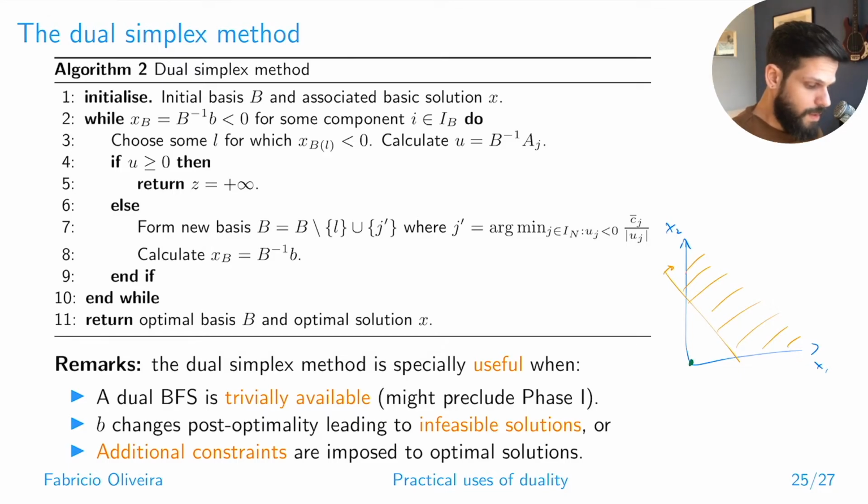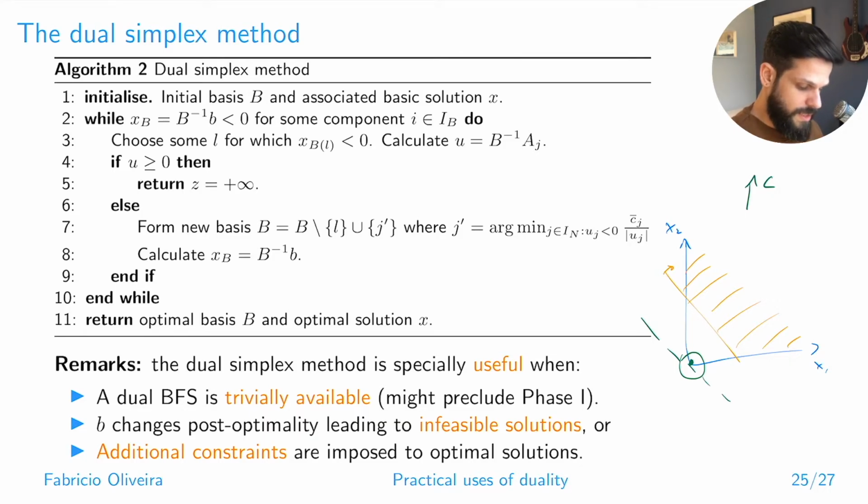But typically when you're minimizing, so suppose you have a vector C that looks like so, this point satisfies optimality conditions, in the sense of dual feasibility conditions, in the sense that it is more optimal than it could be because it's past the feasible region. So this point is typically a point that satisfies dual optimality conditions. So it means that you don't have to do a phase one to start dual simplex.